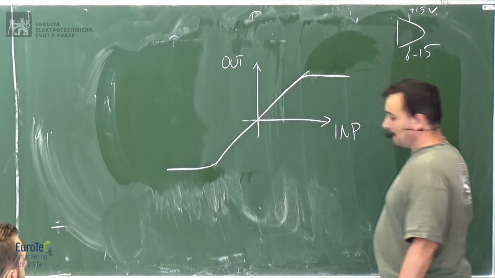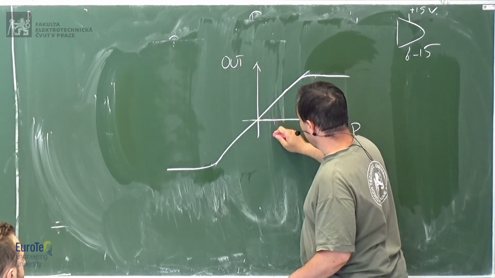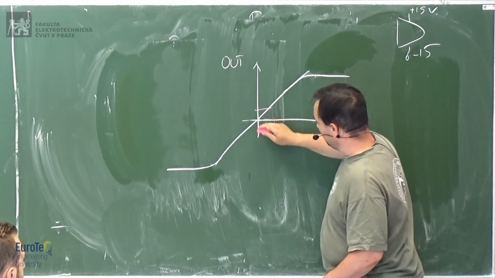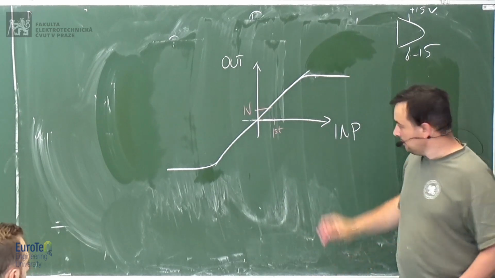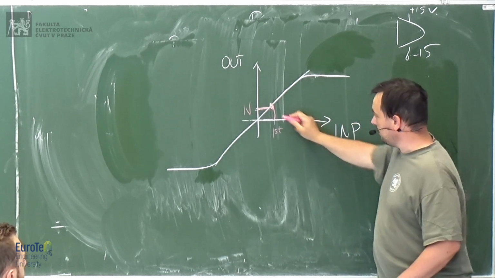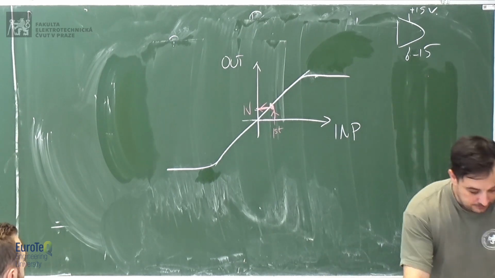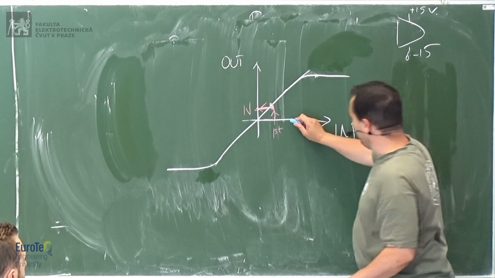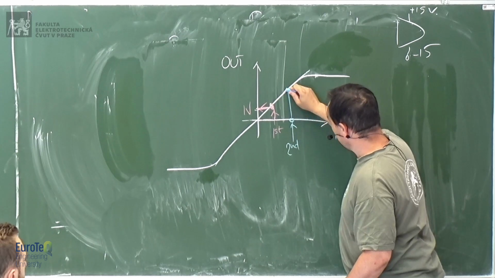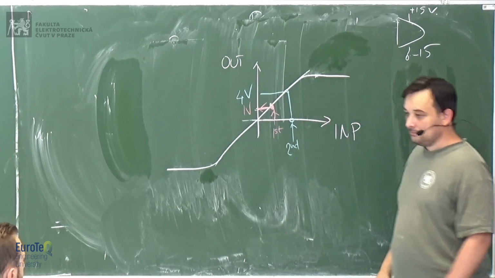Now, the first input gives you an output of 1 volt, so you go here, and the characteristic tells you that you get 1 volt. Then the second input will give you 4 volts.